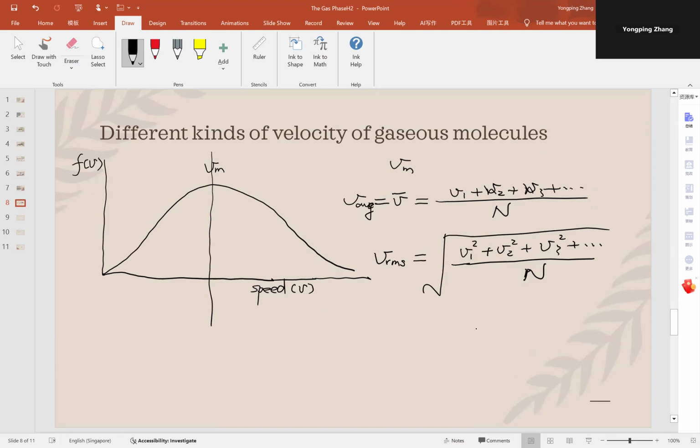From this curve, we can calculate this, which equals the square root of 3RT over M.